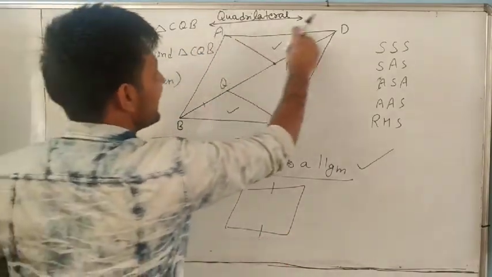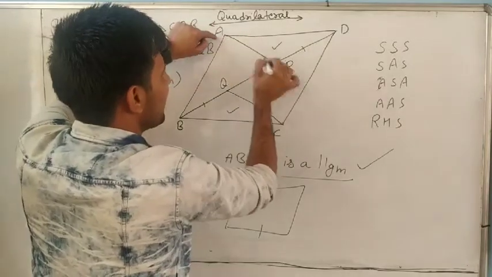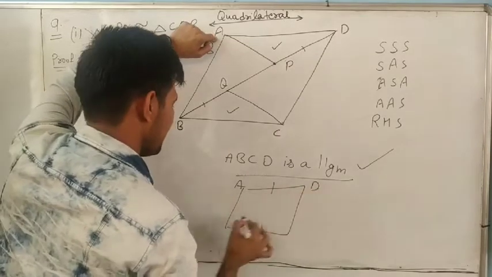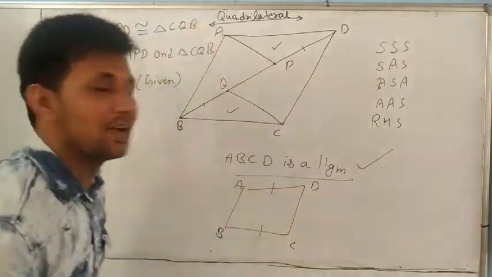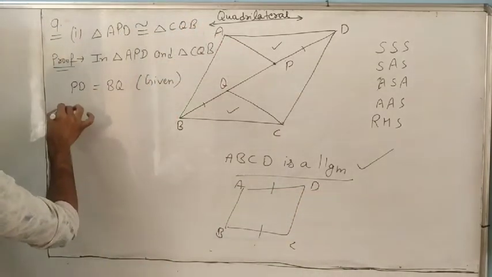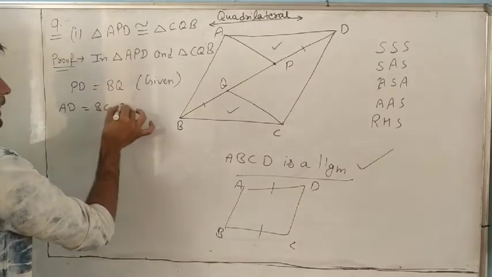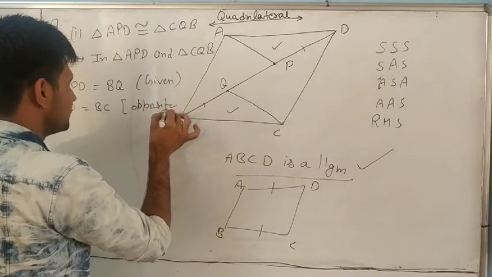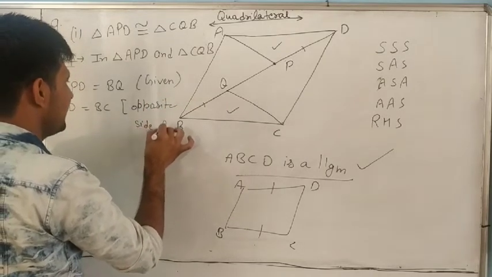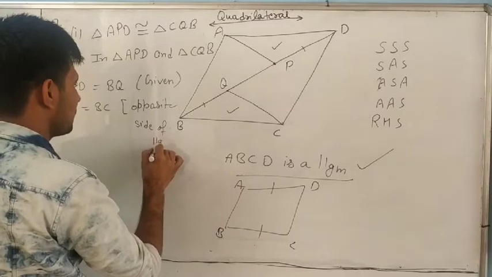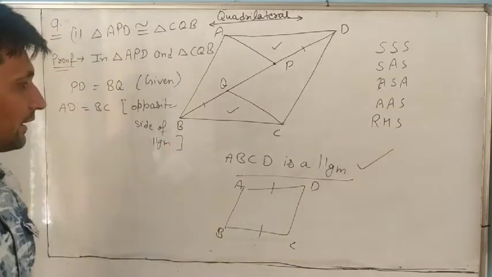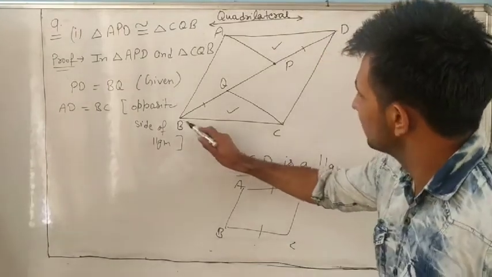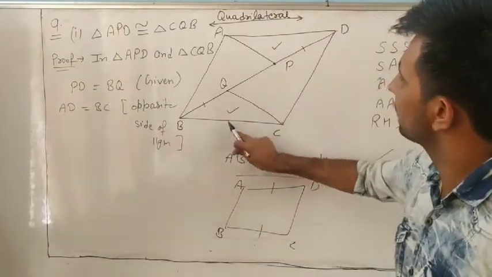So AD equal to BC, because opposite sides are always equal. Always write the reason: opposite sides of a parallelogram. Understand? So BC equal to AD.